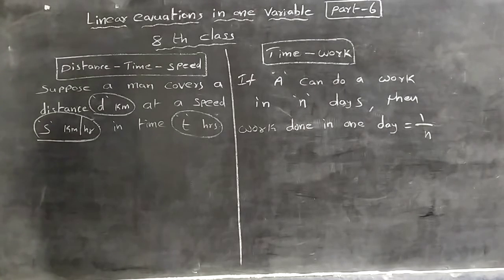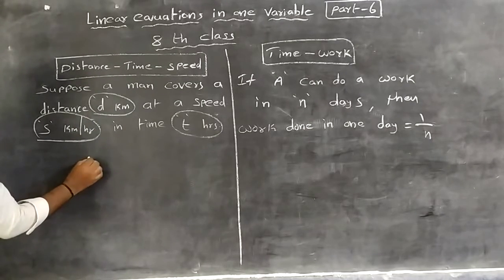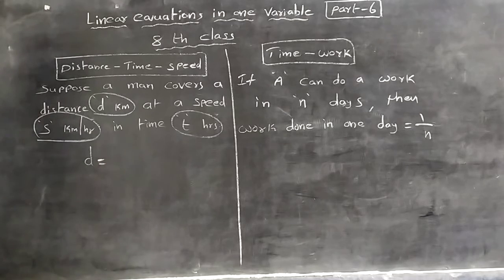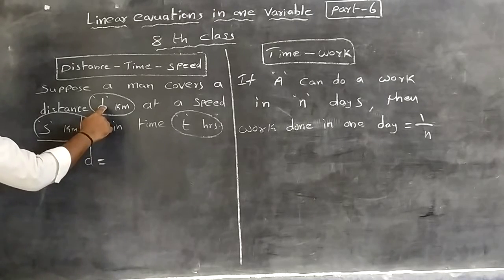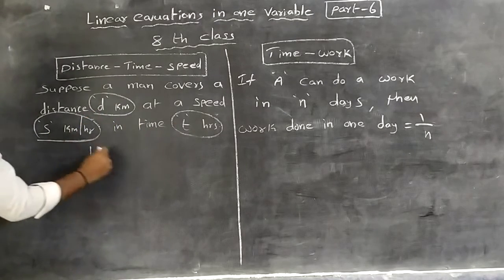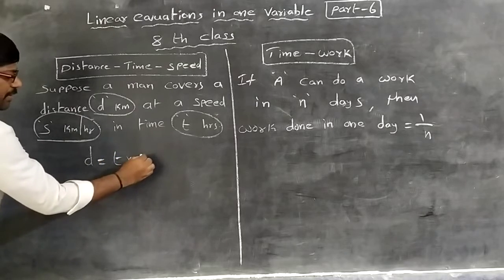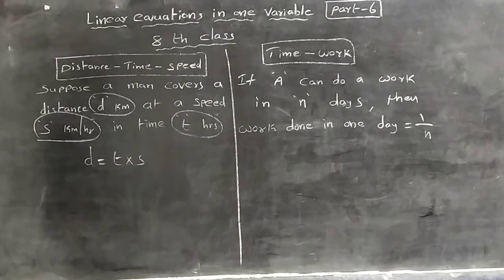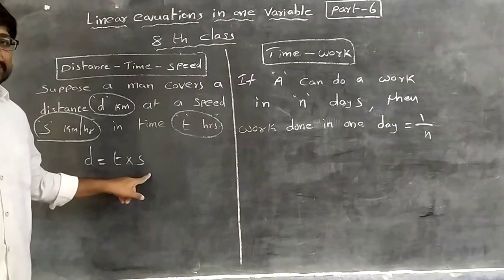Then the relation is distance d is equal to time into speed. This is the relation. Okay? Distance d is equal to time into speed.